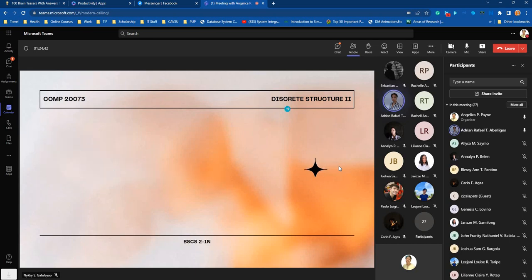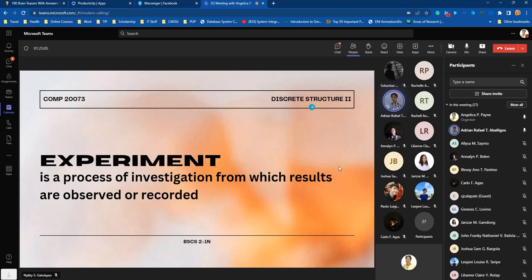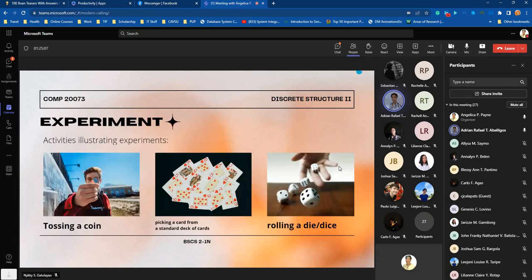First term is experiment. It is a process of investigation from which results are observed or recorded. So, ano pong ibig sabihin ng experiment? It is an investigation, pero ang ini-investigate ay dapat ang result niya ay observable or recordable. So, ano ang mga activities na nag-illustrate na experiments? These are like tossing a coin, that is an experiment.